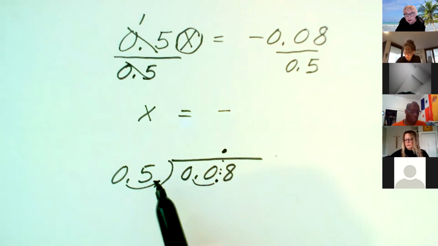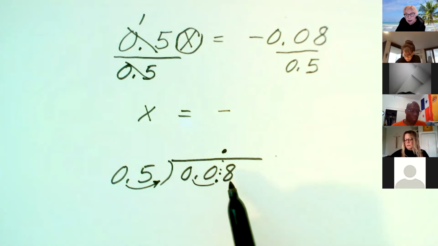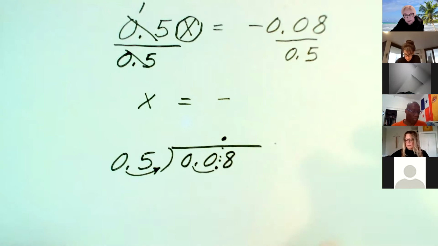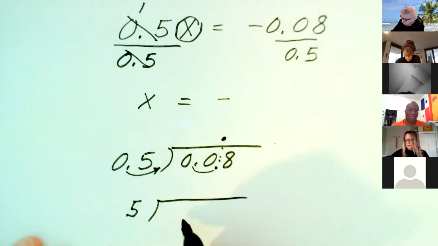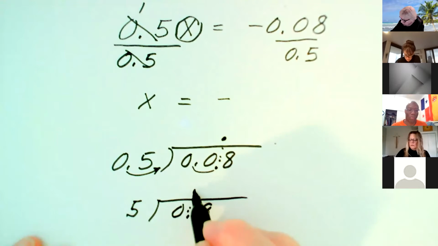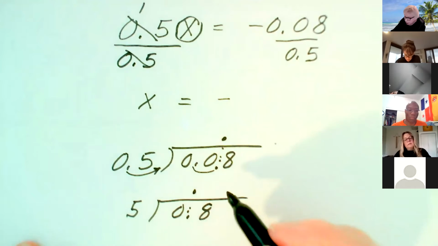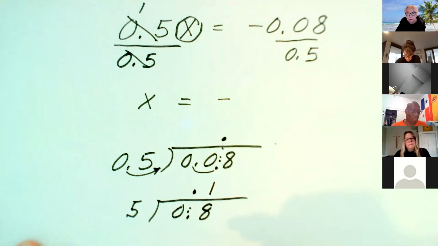So this is really a 5. And we're going to divide 5. And so if that's too messy for you, rewrite it. 5 into, what is it? What's left is 0.8. And this came up. So 5 doesn't go into 0, but it does go into 8 one time. And this is 5.